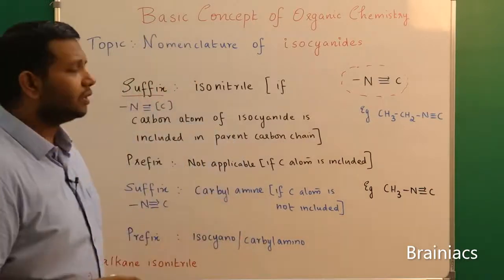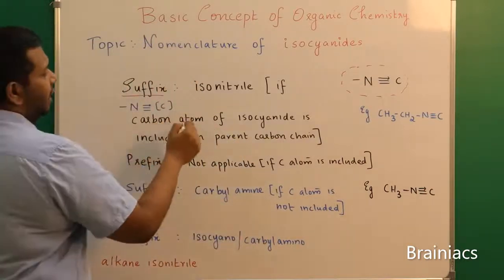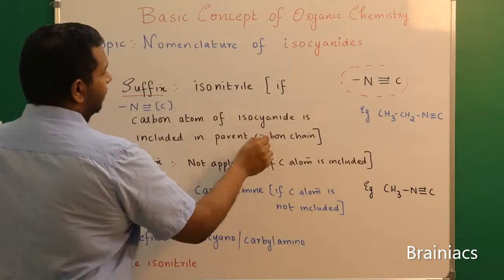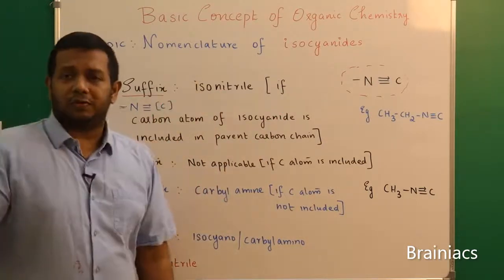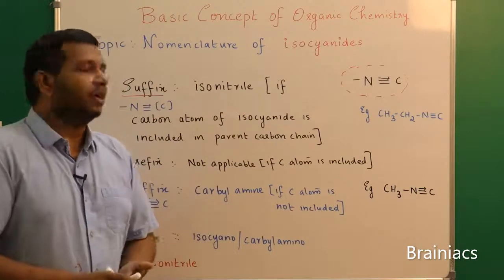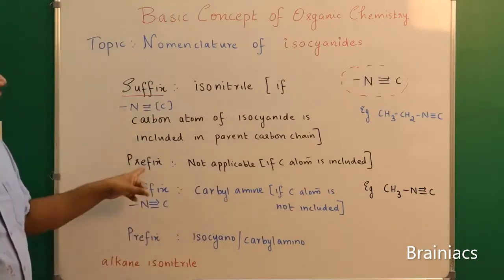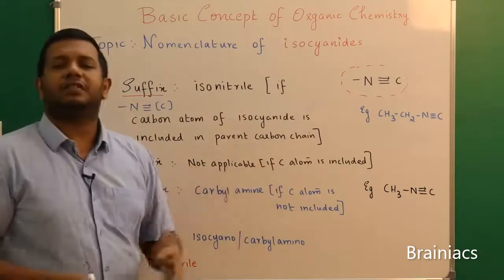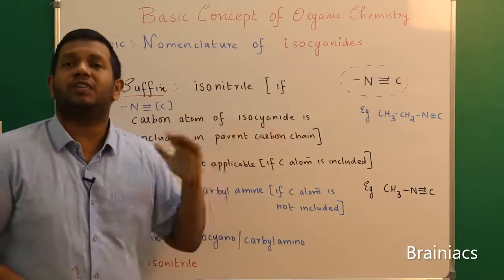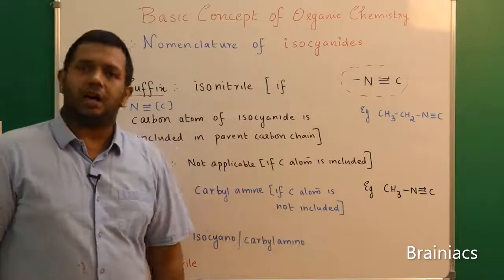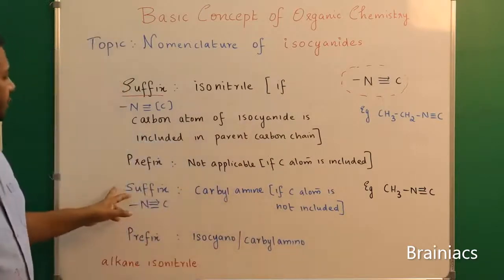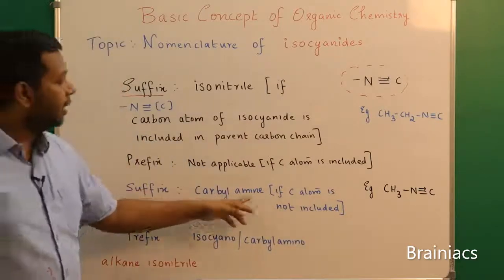So if the carbon atom of the isocyanide is included in the parent carbon chain, the suffix used will be isonitrile. What was it for cyanide? It was nitrile. If this carbon atom is included, there is no prefix. Prefix is not applicable. That means the isocyanide will not behave like a substituent if it is part of the parent carbon chain.